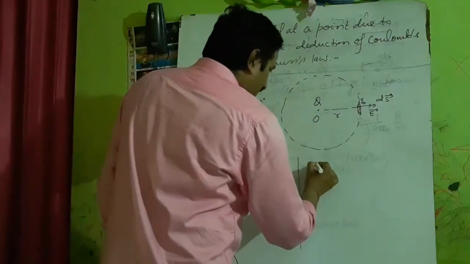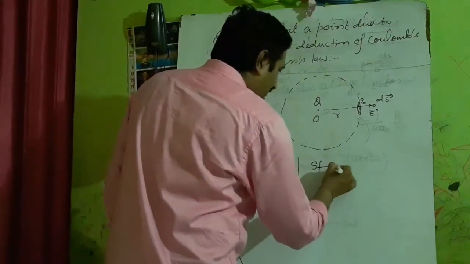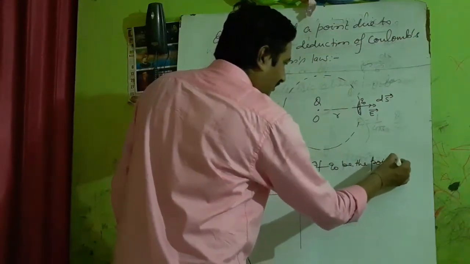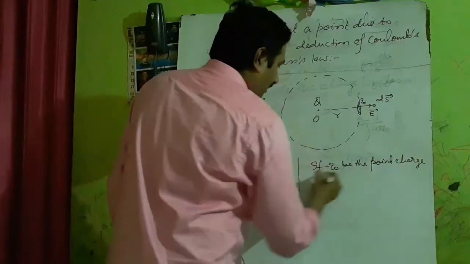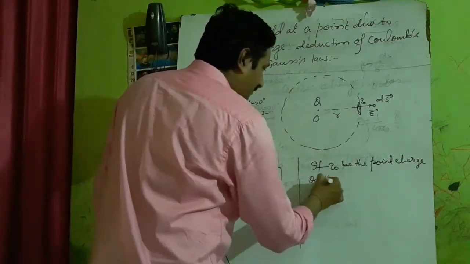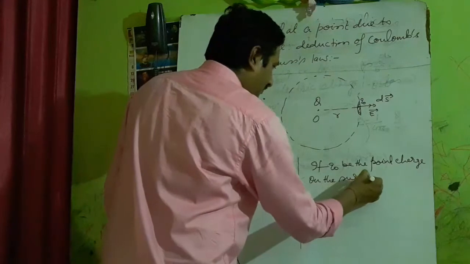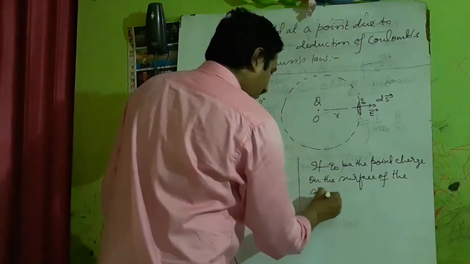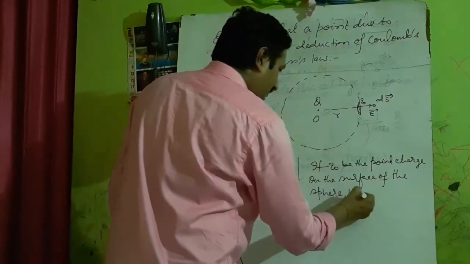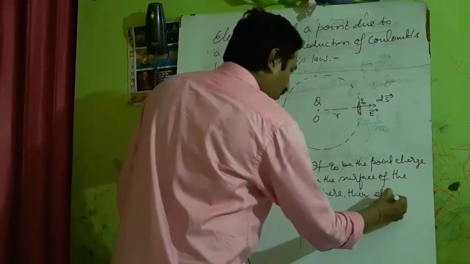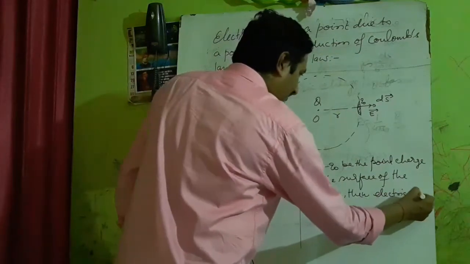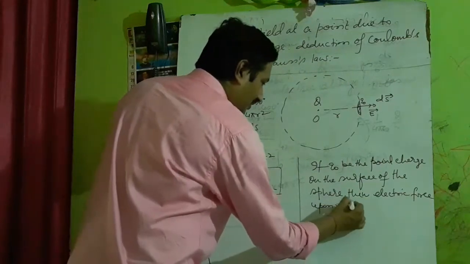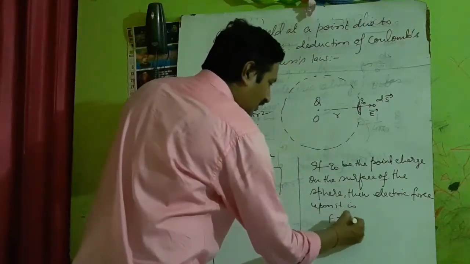So if q naught be the point charge on the surface of the sphere, then electric force upon it is F is equal to q naught E.